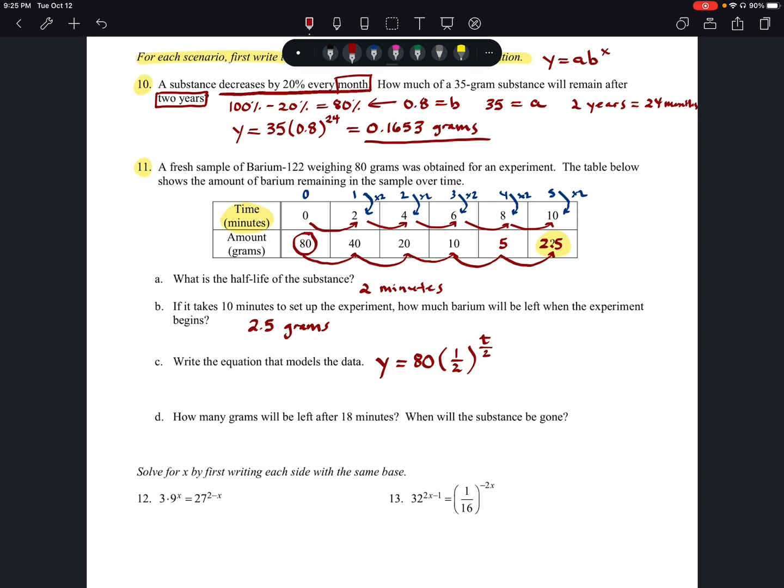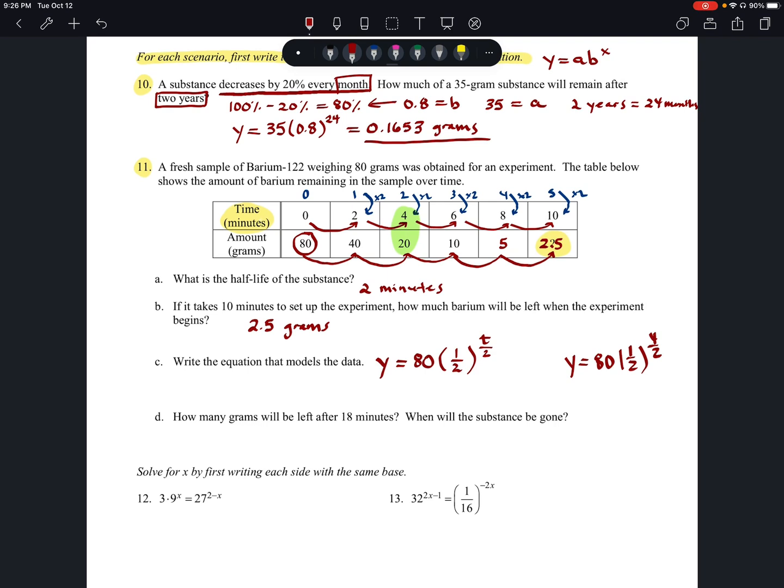How can we check that if we're not sure? Let's just choose a point, any one of them. How about the point (4, 20)? If I take 4 and plug it in, y is equal to 80 times 1/2 raised to the power of 4 divided by 2.